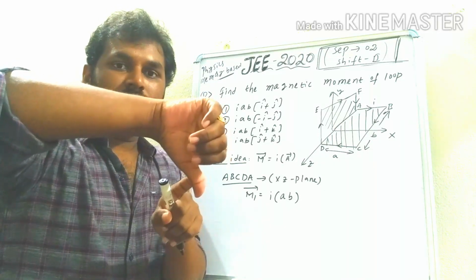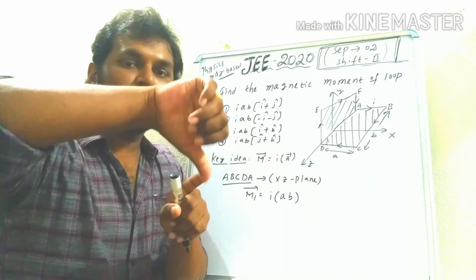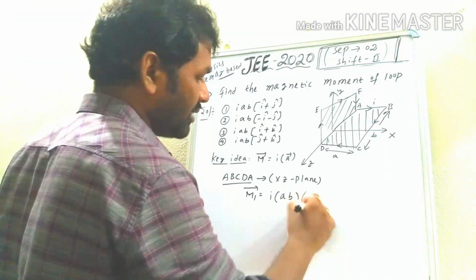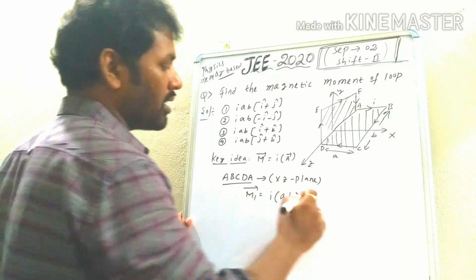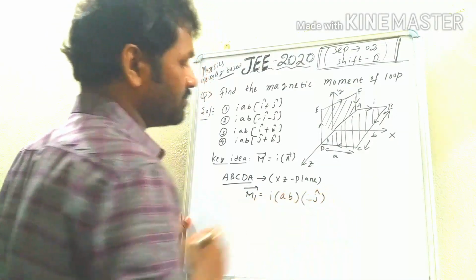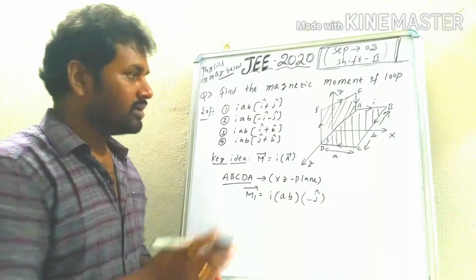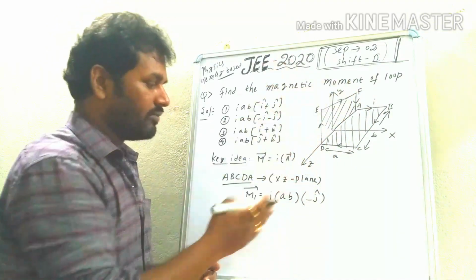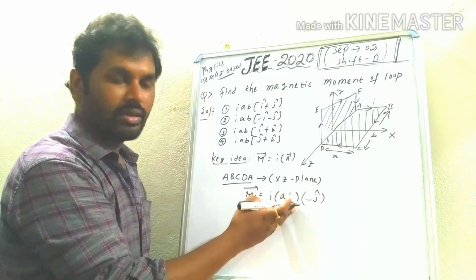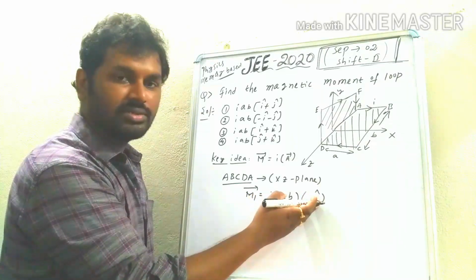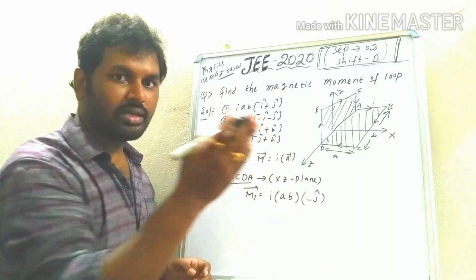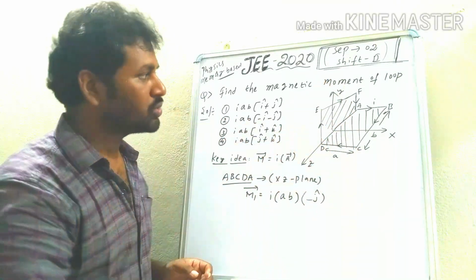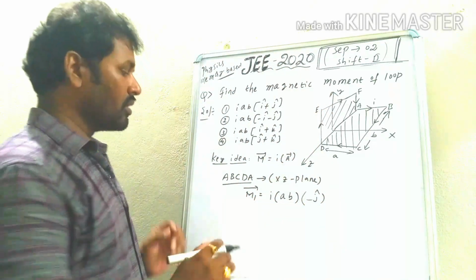We can assign the unit vector along negative y-axis as minus j cap. So you can give the direction to M1 bar as minus j cap. So you got the result. The magnetic moment for the loop A, B, C, D, A is IAB into minus j cap, which means it is acting in the downward direction, opposite to the y-axis.